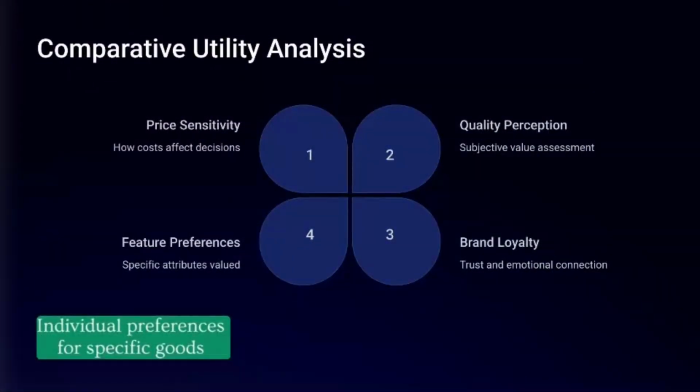Another approach used in modeling utility functions is revealed preference analysis. This approach involves analyzing the choices individuals make in the marketplace and inferring their preferences from those choices. For example, economists can analyze the purchasing behavior of households and infer their preferences for different goods and services.